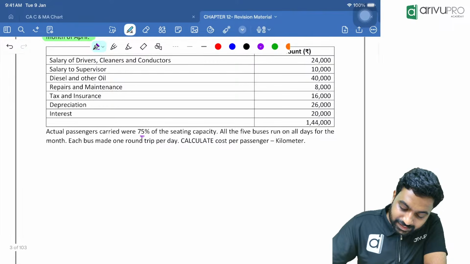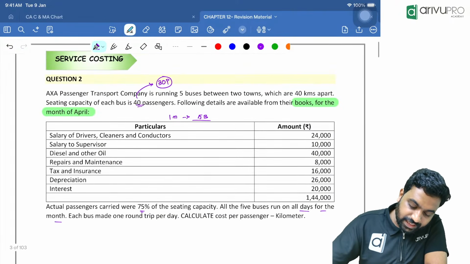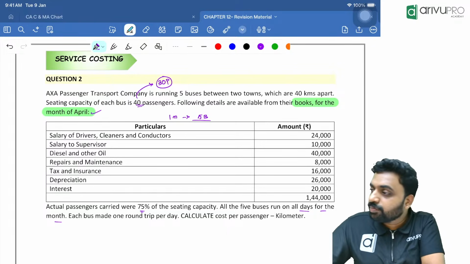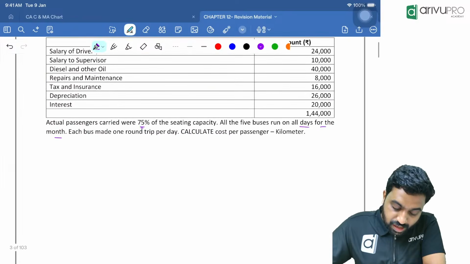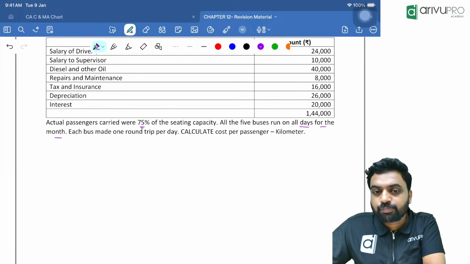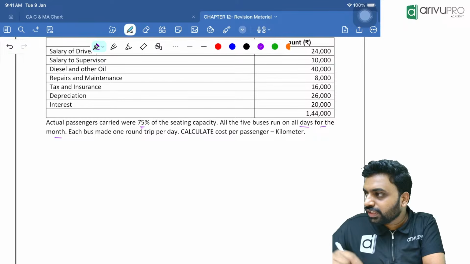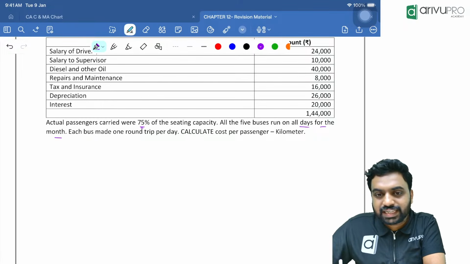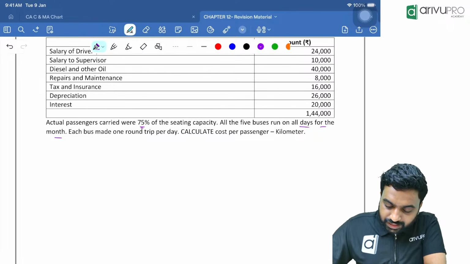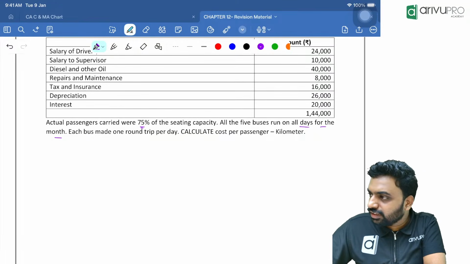All the 5 buses run on all days of the month. So here we are taking into consideration month of April. That means number of days would be 30 days. Each bus made 1 round trip per day. That means it will go to the other city and will come back on the same day. 80 kilometers in total. Calculate the cost per passenger kilometer.